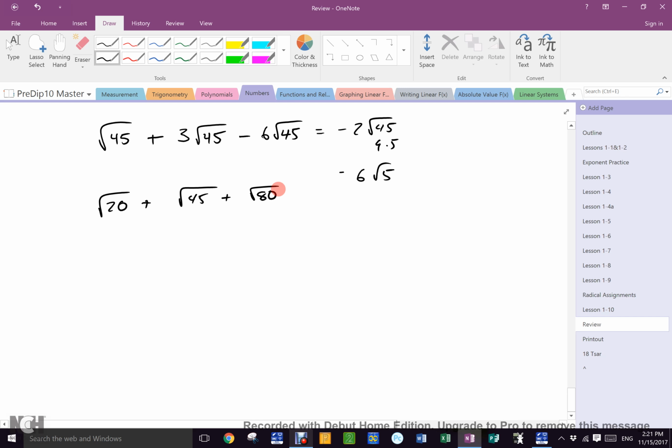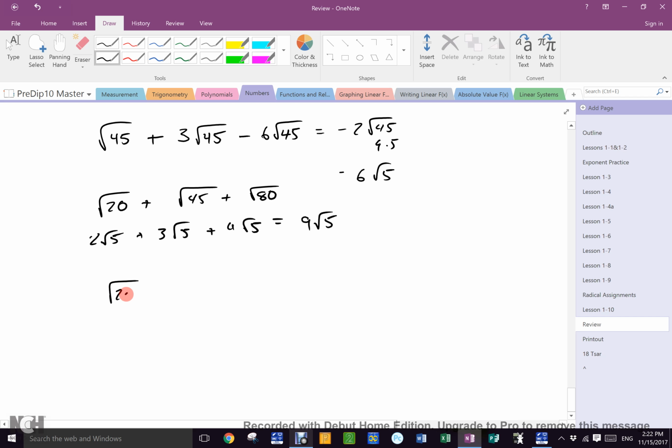No, it isn't. Why? Because they're not all the same radicand. So what can I do? Simplify. 2 root 5 plus 3 root 5 plus 4 root 5. What's the answer? 9 root 5. Excellent. You can add and subtract.